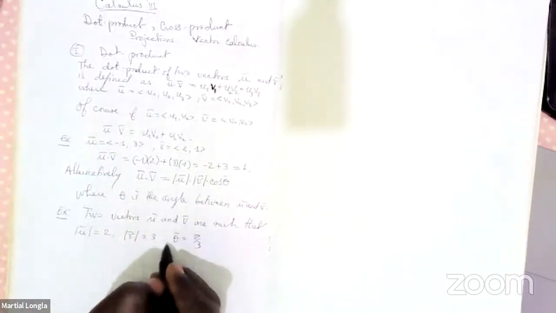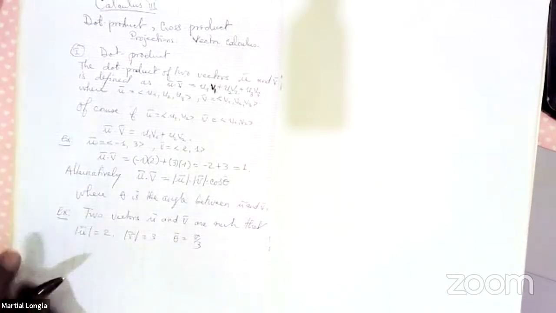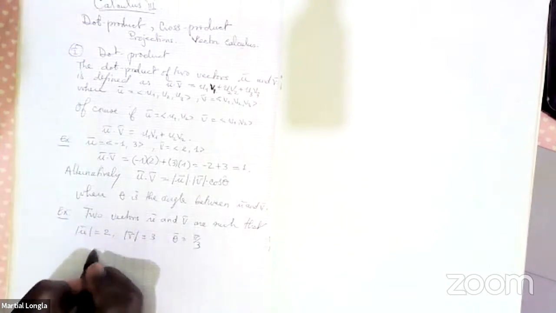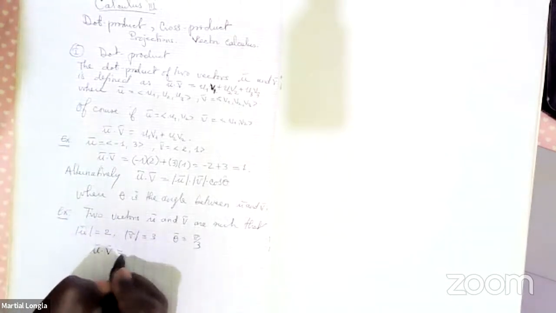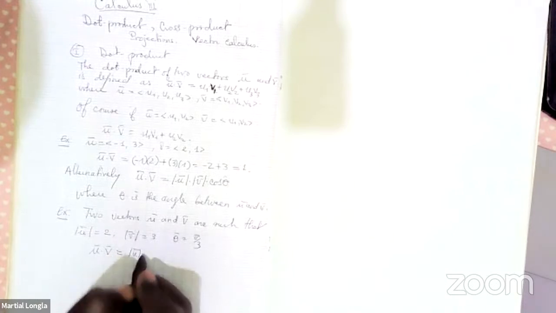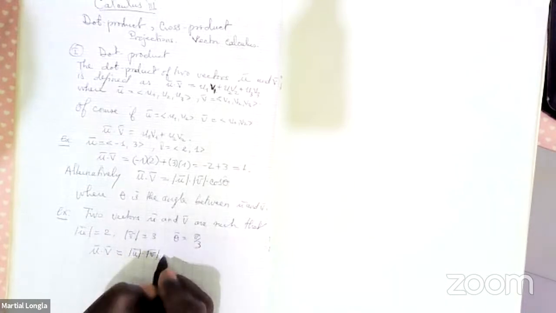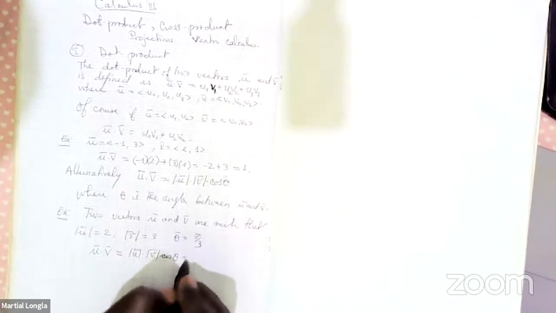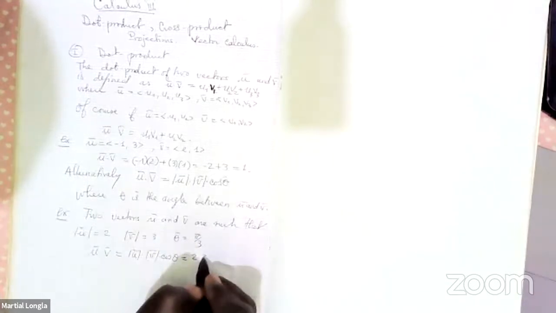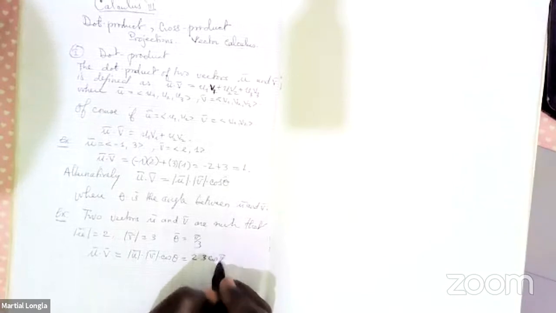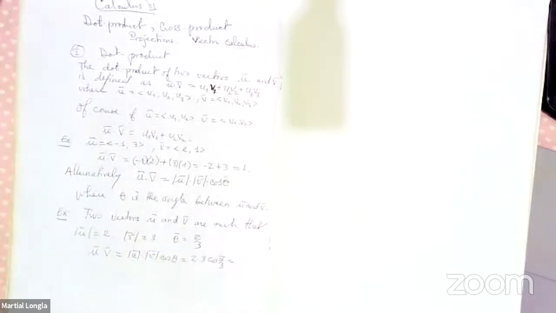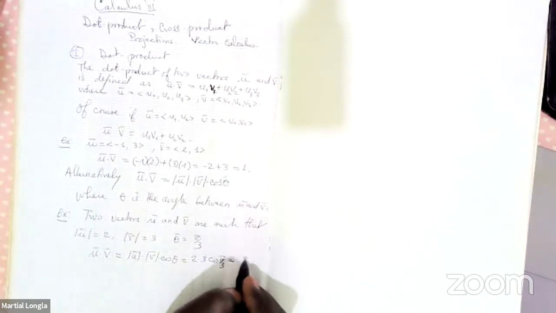So the angle between the two vectors is pi over 3, the magnitude of u is 2, the magnitude of v is 3, then u dot v is equal to magnitude of u times magnitude of v times cosine theta, which is 2 times 3 cosine pi over 3. And the cosine of pi over 3 is 1/2. 1/2 times 2 times 3, that's 3. So the dot product in this case is equal to 3.